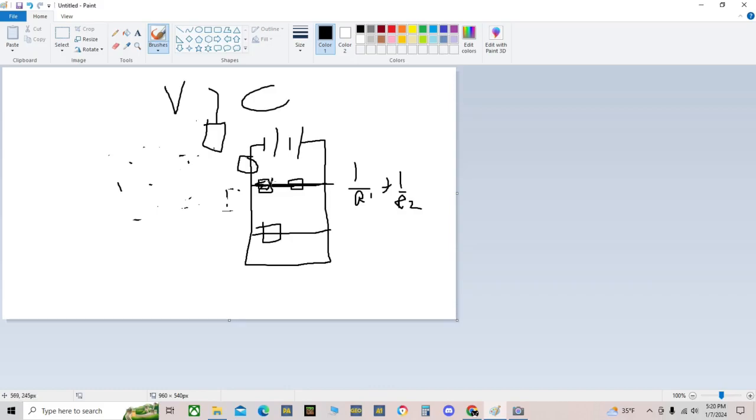It'll get the same voltage, but that's not for everything, because of this rule where the total resistance is 1 over R equals 1 over R1 plus 1 over R2.